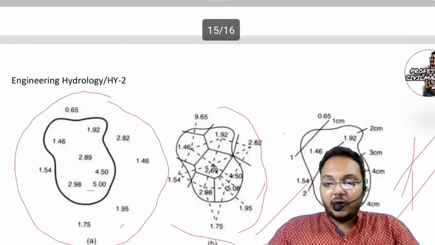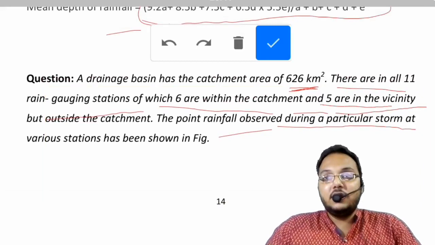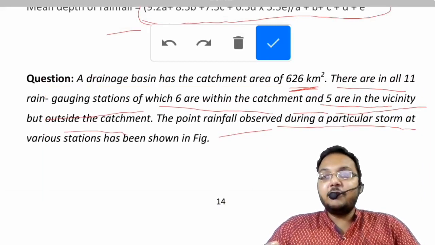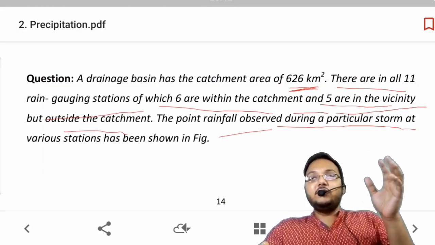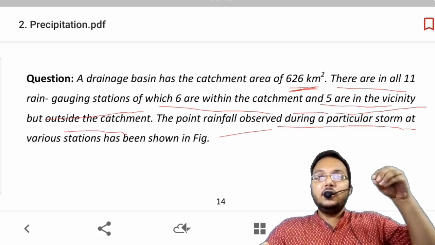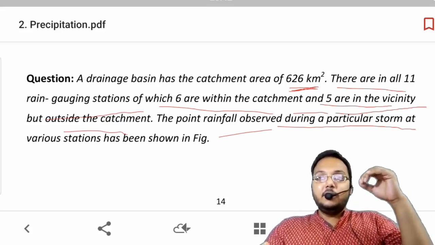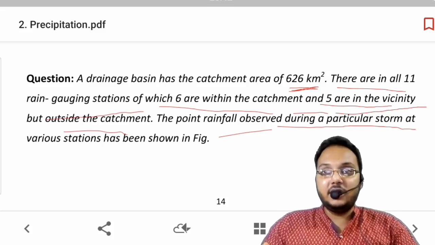Actually just read the question. 5 are in the vicinity but outside the catchment. So it means that 5 are nearer to the catchment but they are actually outside the catchment. If they are very far from the catchment, of course the rainfall values of that particular gauging station will have no meaning for that particular catchment, right?